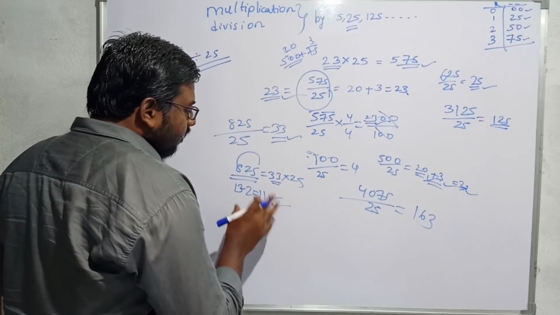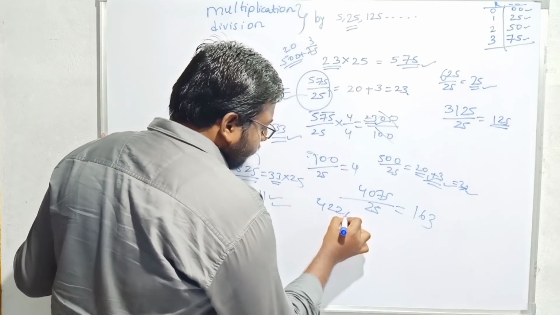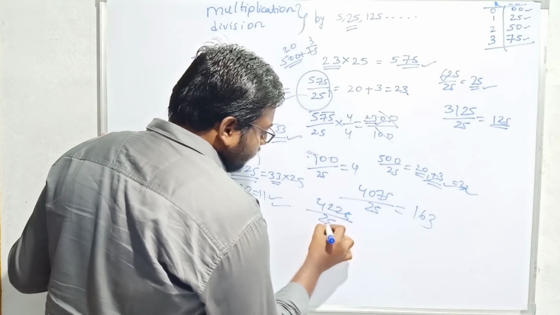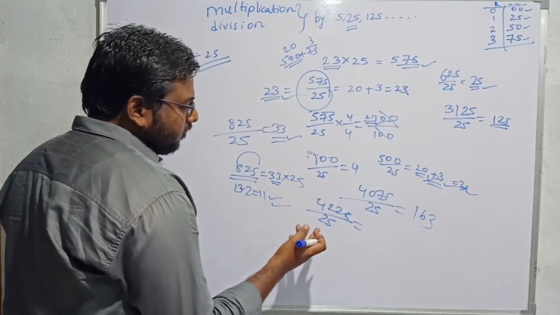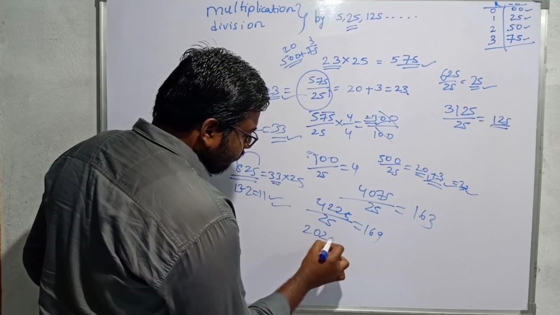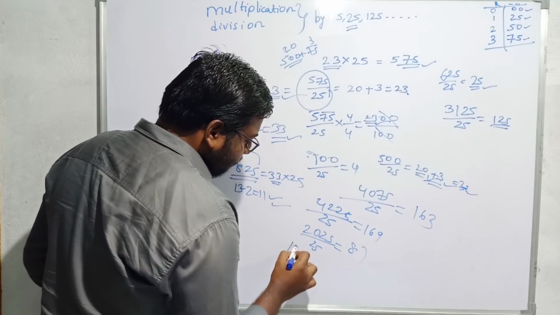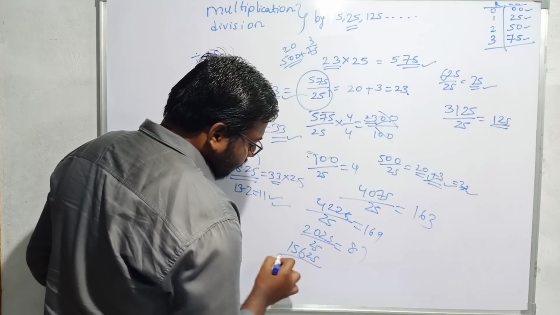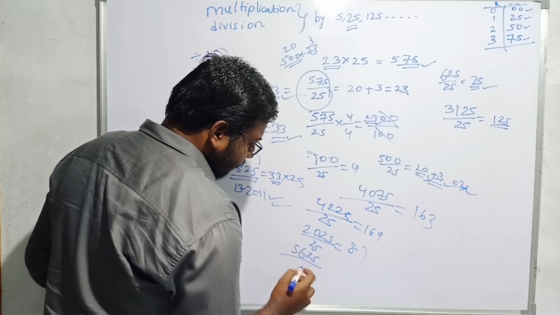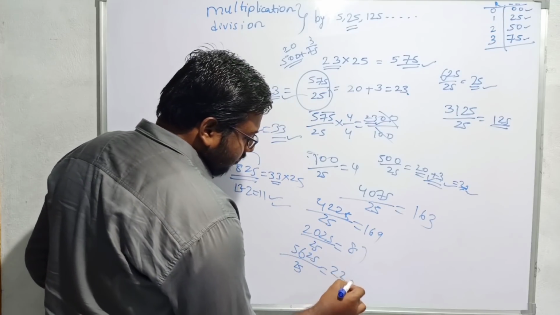For example, if we observe anything, 4225 by 25, what will I get? 42 fours is 168 plus 1, 169. For example, 2025 by 25, this is 80 plus 1, 81. For example, 15625: we take 5625 first by 25. 56 fours, 224 plus 1, 225.